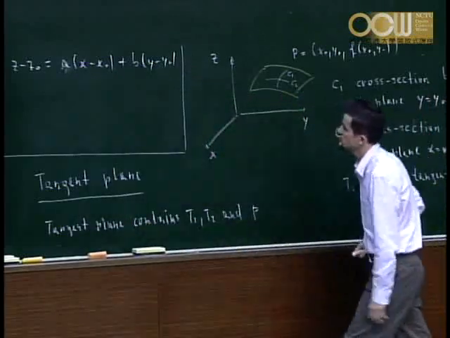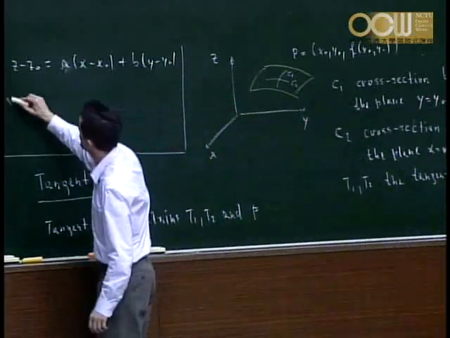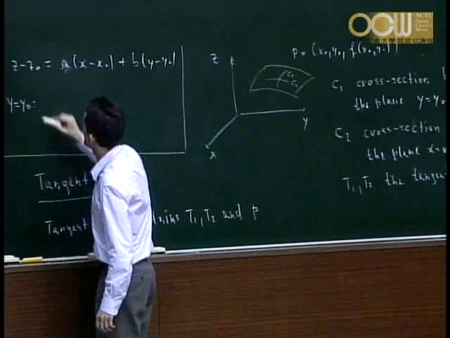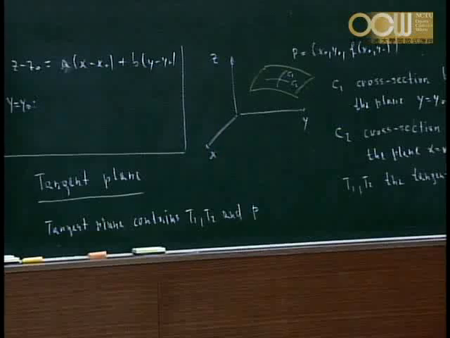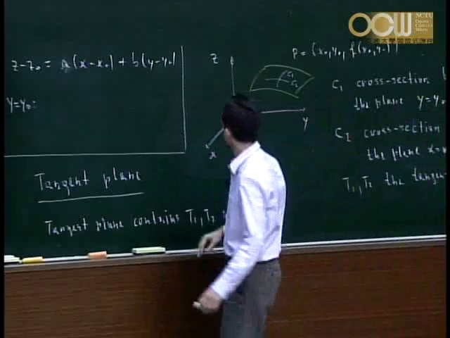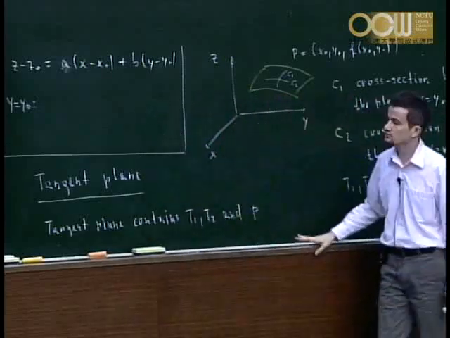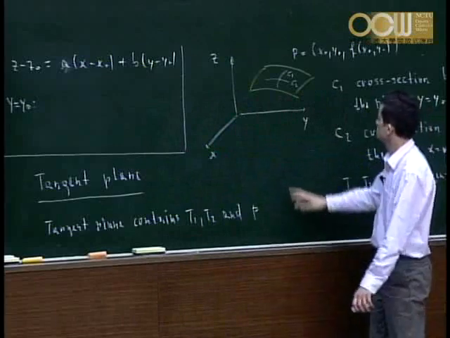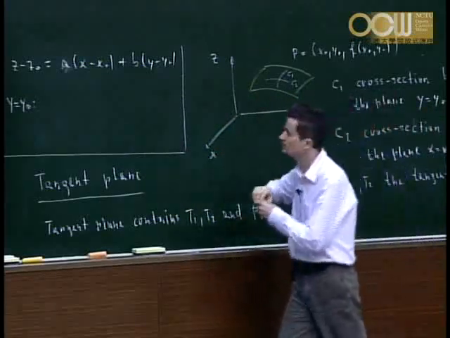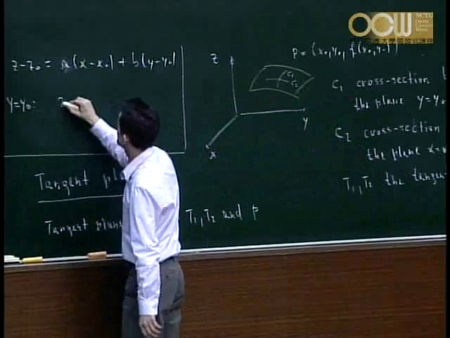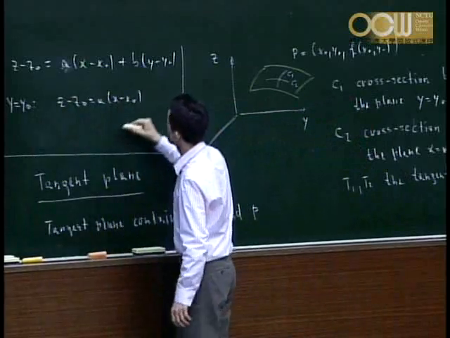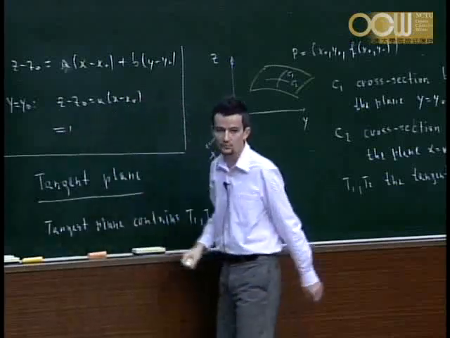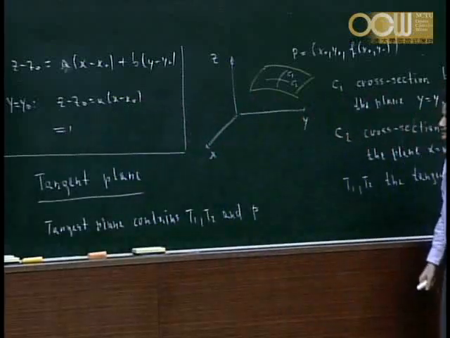We have the condition that if y is equal to y0, so this means we slice the tangent plane with the plane y equals y0, what we should get is the tangent T1. If we do this, then we get z minus z0 equals a(x minus x0), and we know that a must be the slope of the tangent T1.